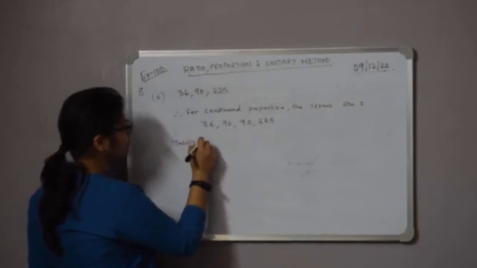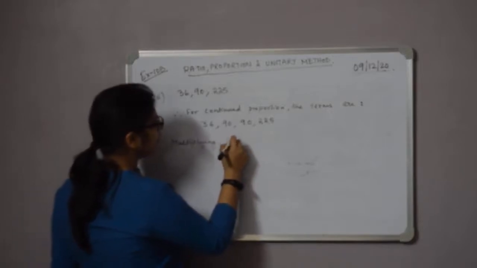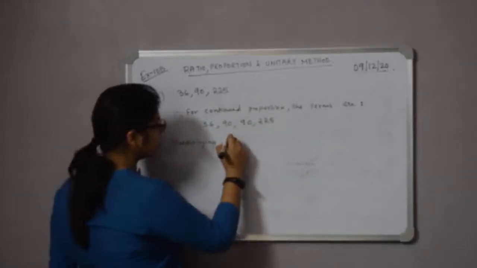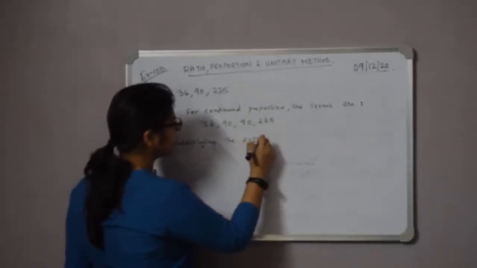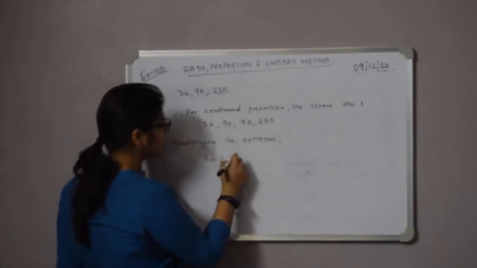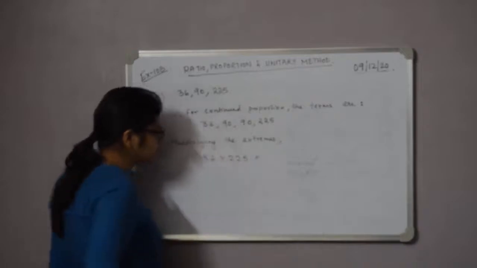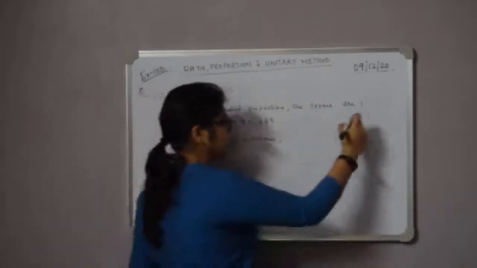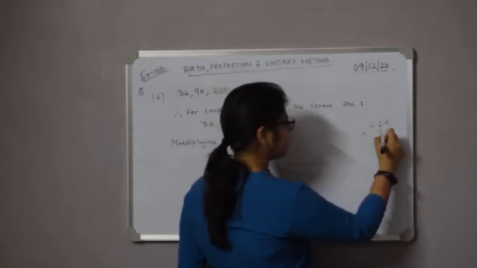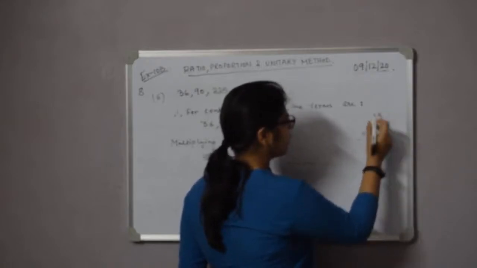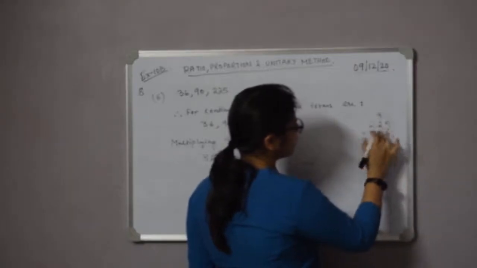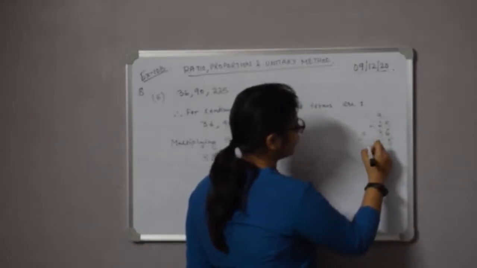multiply the extremes, that means the first and the last term. So multiplying the extremes, what are we getting? 36 and 225. If we multiply, 5, 6, 30, carry 3, 2, 6, 12, plus 3, 15, 2, 6, 12, plus 1, 13.